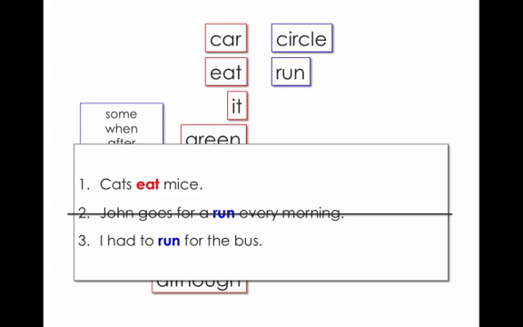Well, we can say here that the highlighted word in sentence 1 and the highlighted word in sentence 3, in both cases the word is being used to describe a doing of something, an action, an activity. In sentence number 1, it's the doing of an eating. In sentence 3, it's the doing of a running.